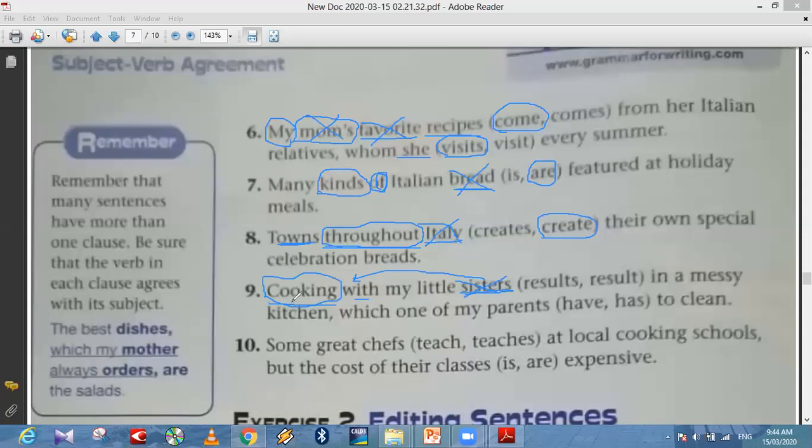Cooking is verb cook plus ing, but it's not used as a verb here, it's used as a noun. This is the simple subject. And if you have the gerund as a noun, this is a singular noun. So the verb is? Results. Thanks a lot, Muhammad Zuraqat.